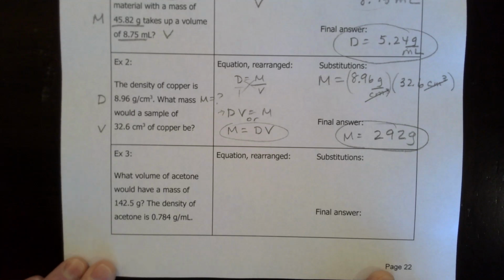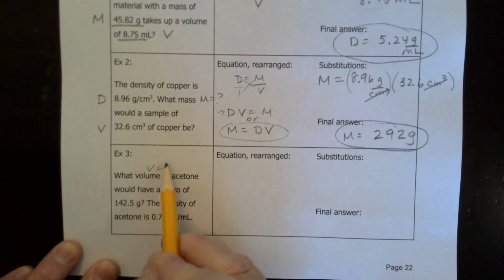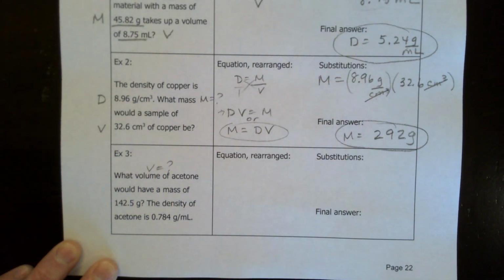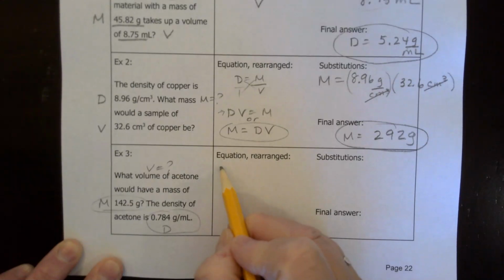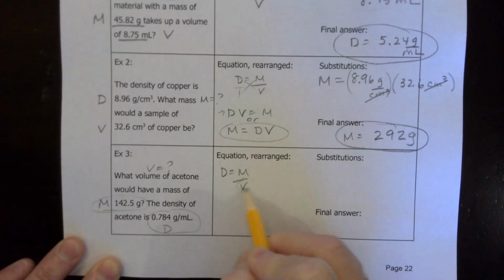Our third example here is what volume of acetone, so volume is our unknown, what they're asking for, would have a mass of 142.5 grams and the density of 0.784 grams per milliliter. So starting with density equals mass over volume, and we're trying to solve for volume.